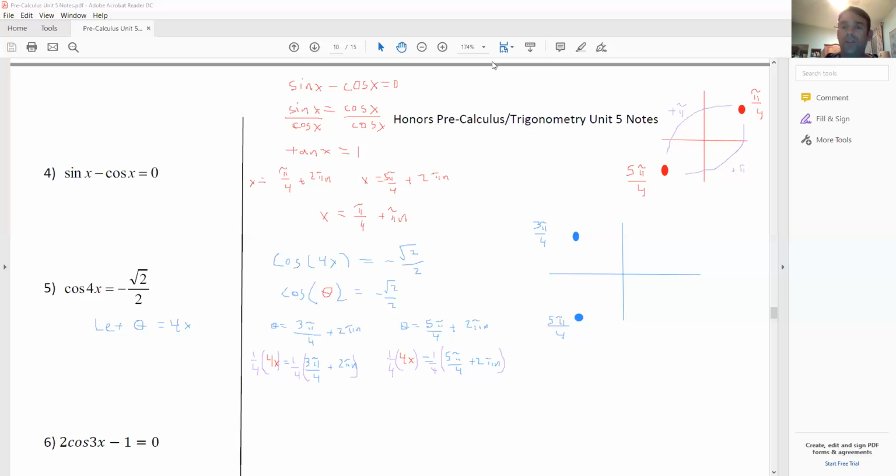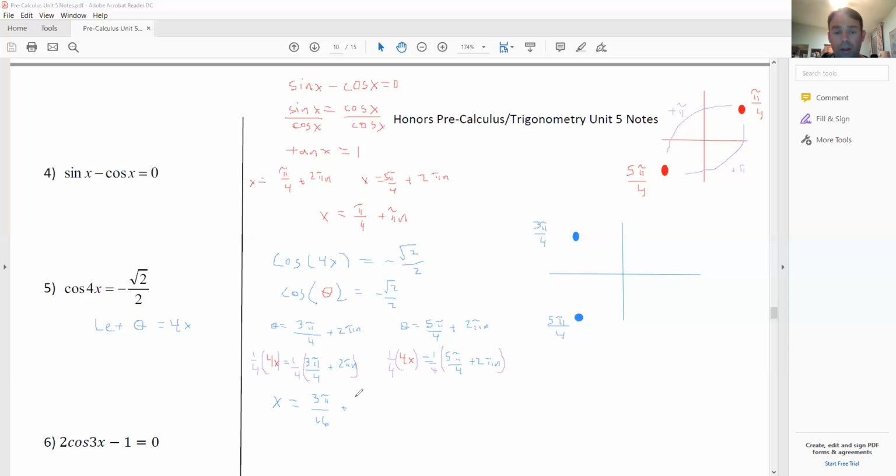It kind of makes sense because what we're really looking for there is a b value on our transformation. That 4x, that's a b value of 4. And 2 pi divided by b is what our period is. So it's going to affect the actual root of our answer, but also affect the period.